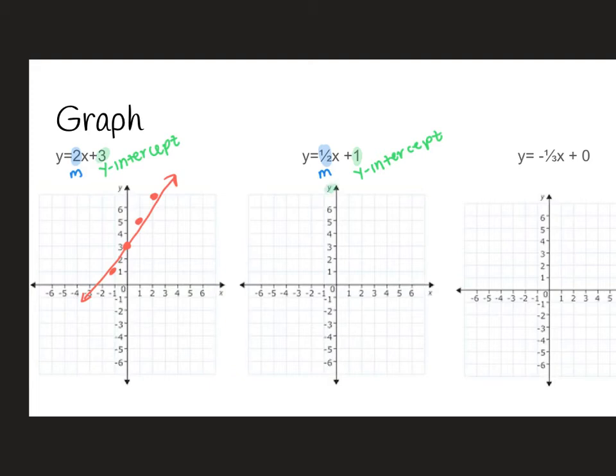This is the y-axis. It crosses there at 1. And then our slope is rise over run. It's 1 over 2. We go up 1 and over 2. And there's our graph.